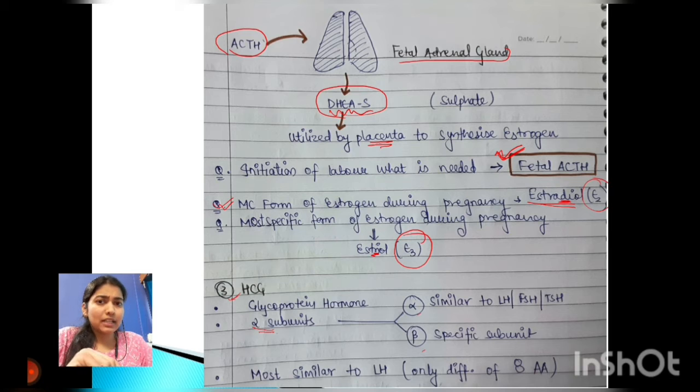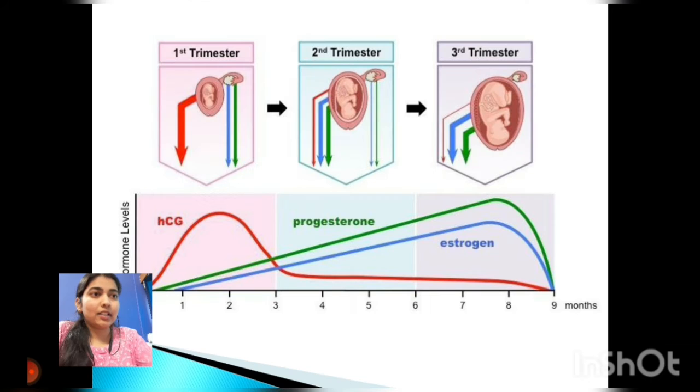So there is some relation between TSH and HCG in hyperemesis gravidarum. We'll learn more about it in some other video. It is most similar to LH, with a difference of only 8 amino acids.